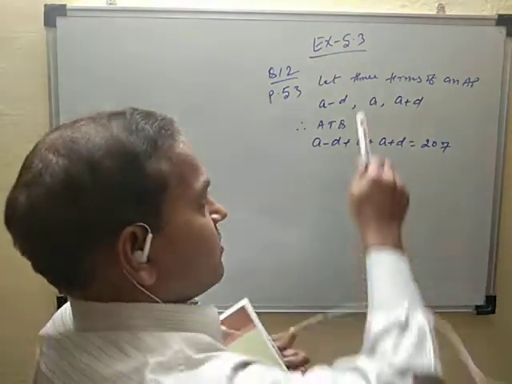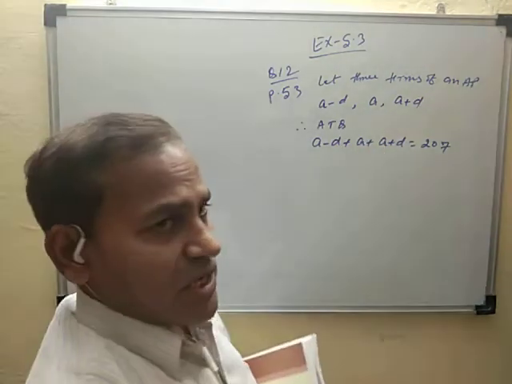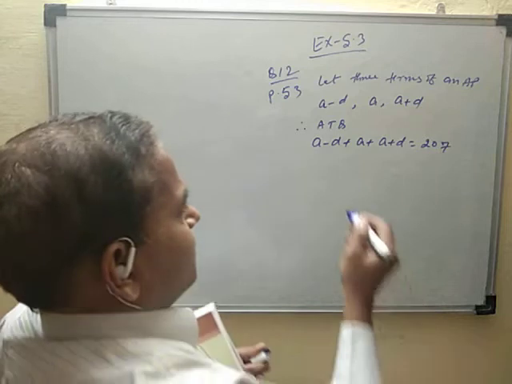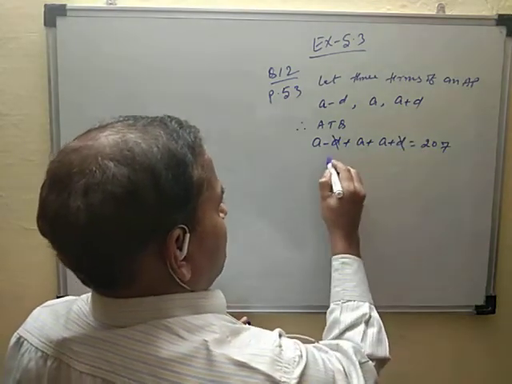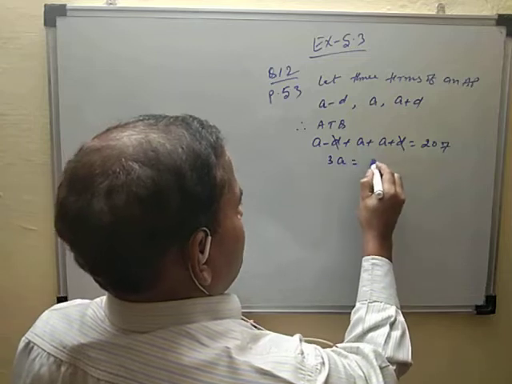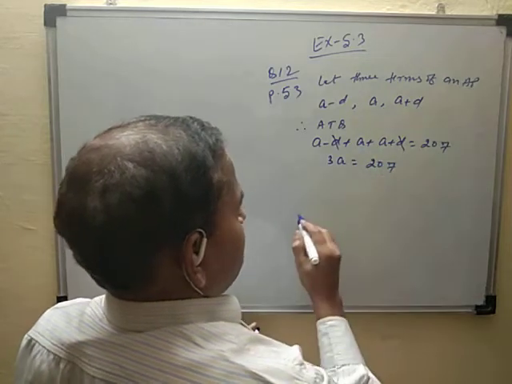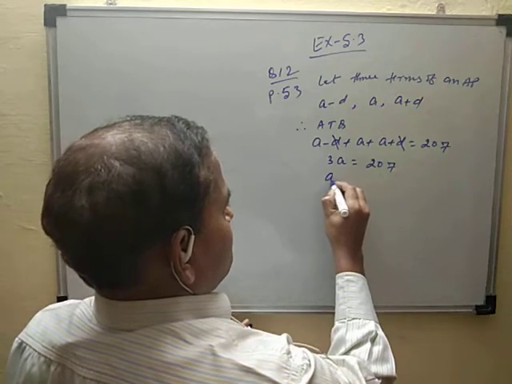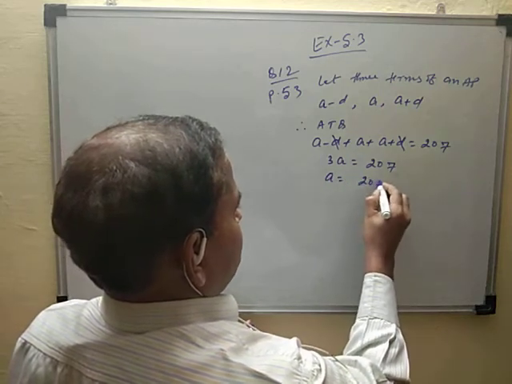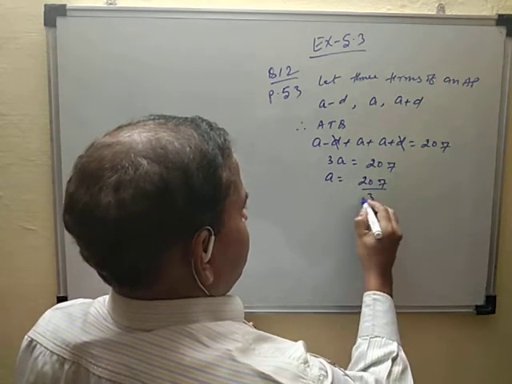Now simplify: D minus plus cancel. So A plus A plus A, 3A is equal to 207. Now divide by 3.